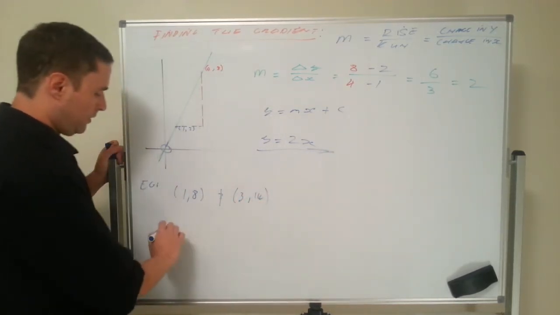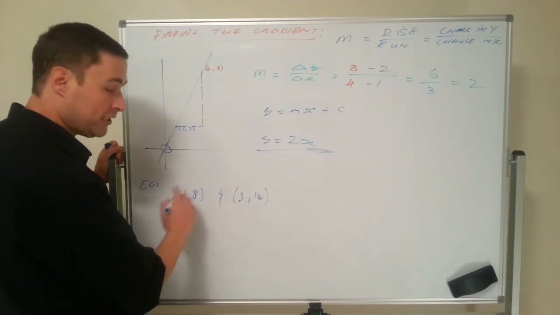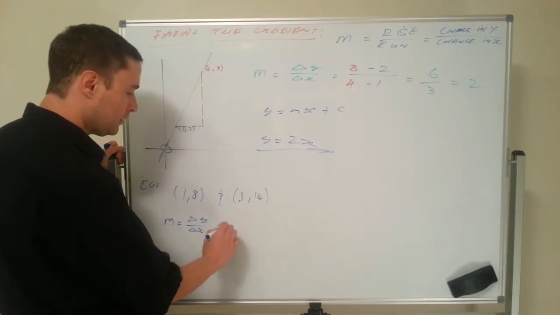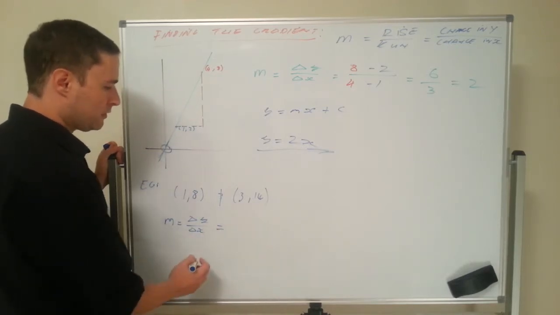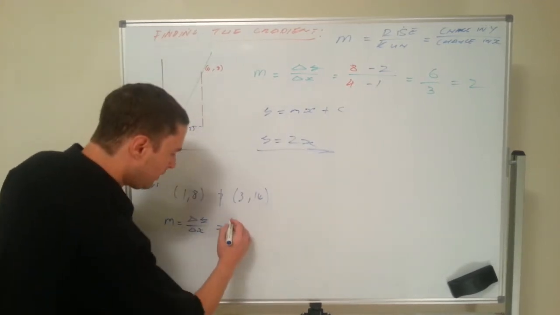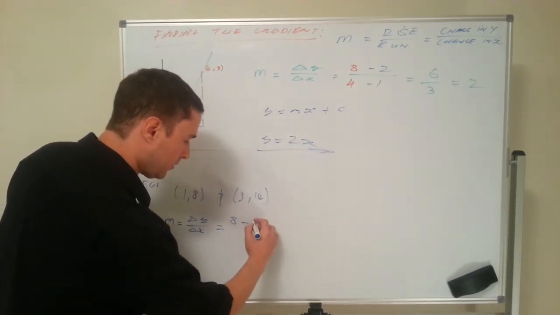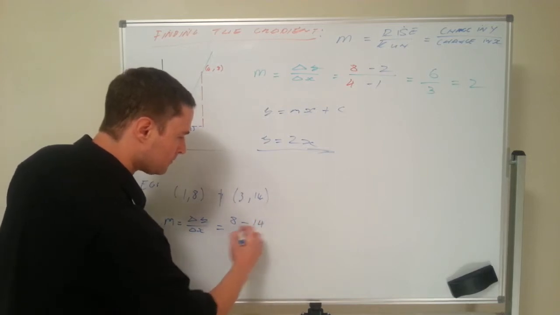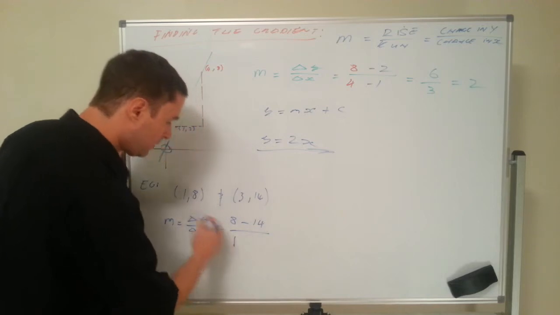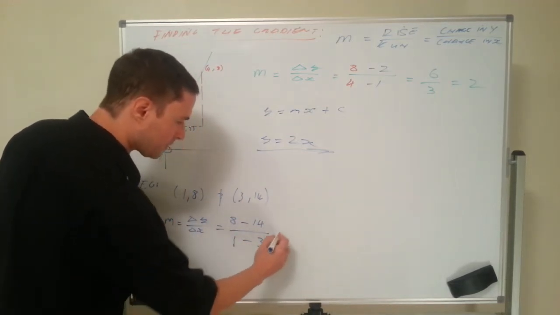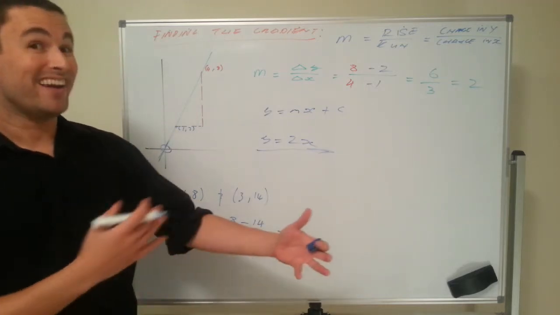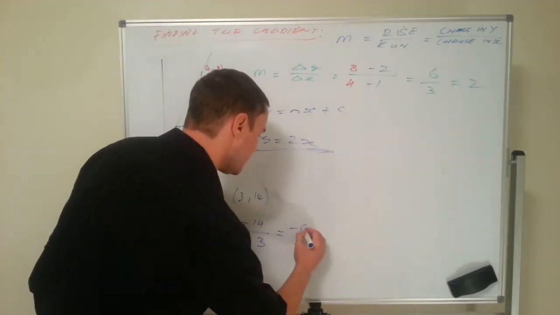So, gradient equals change in y over change in x. It doesn't matter which one you choose first. Let's choose this one first. Change in y, 8 minus 14, divided by, I've put this one first, so I have to put this first, 1 minus 3. 8 minus 14 is negative 6.